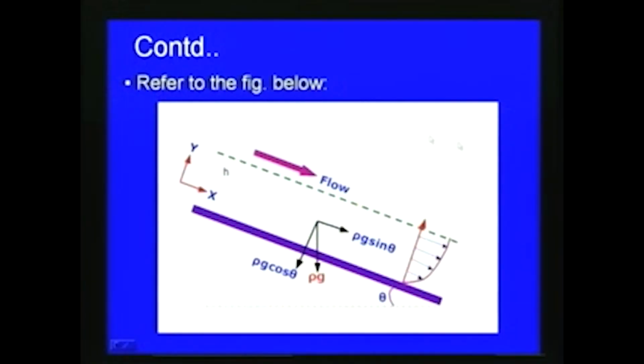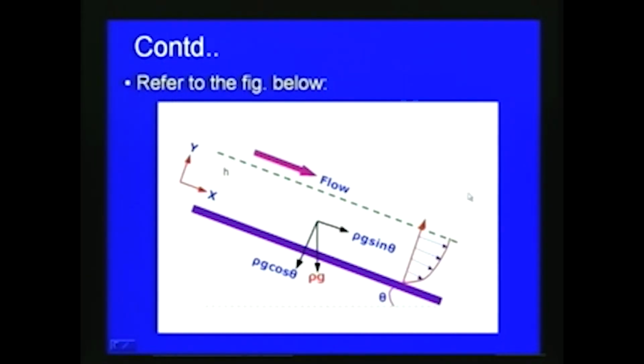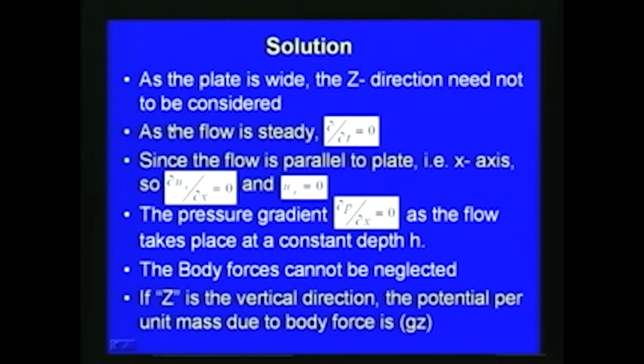Then we will simplify the Navier-Stokes equation, and then we want to get an exact solution for this kind of problem. As the plate is wide, the z direction need not be considered. And here we assume the flow to be steady, so del by del t is equal to 0.